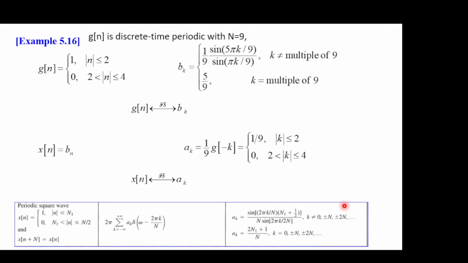But okay, just like in continuous time, we have this square function to sine over sine duality. So if your time domain function is this square wave function, it's 1 between -2 and 2, and then it has this period 9.